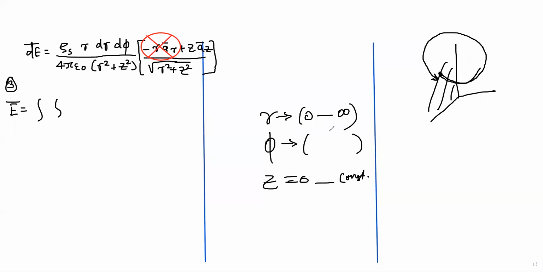So what is the value of phi? It would start from 0 and be up to 360, so 2 pi. So we got the limits, 0 to infinity and 0 to 2 pi.